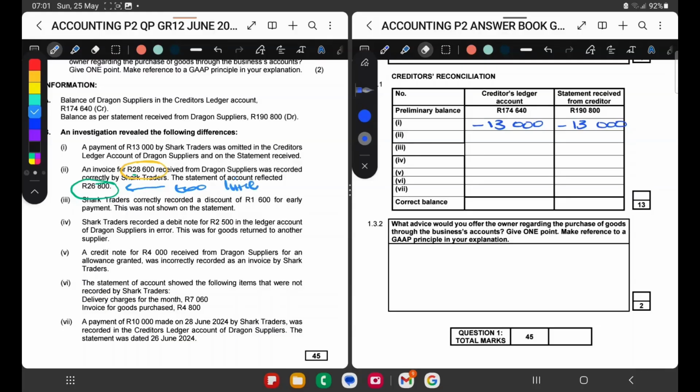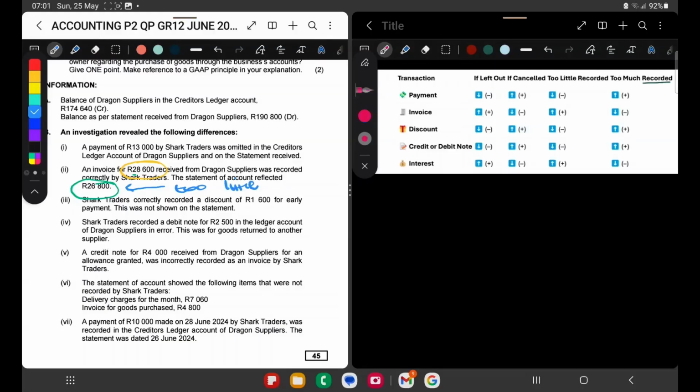So let's go to our tips. Okay, grade 12. So we are busy with an invoice. So what happened here? Too little was recorded. So if too little is recorded for an invoice, my brain says if too little is entered, I must add the difference.